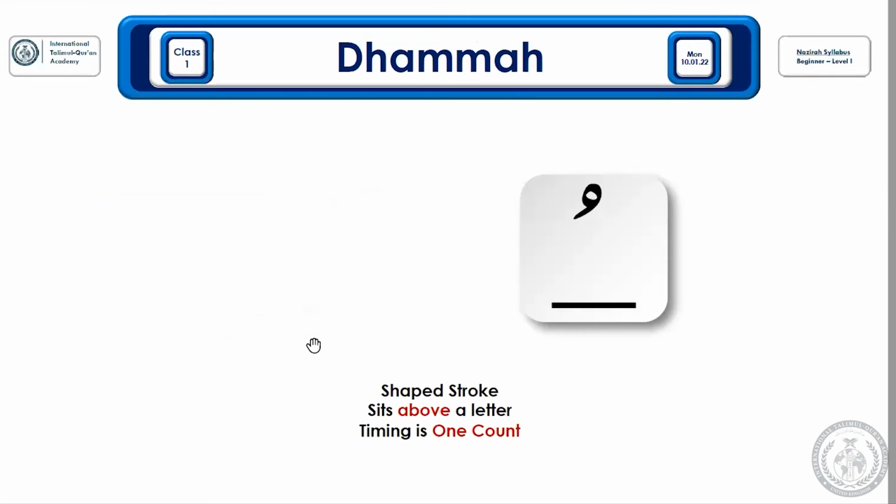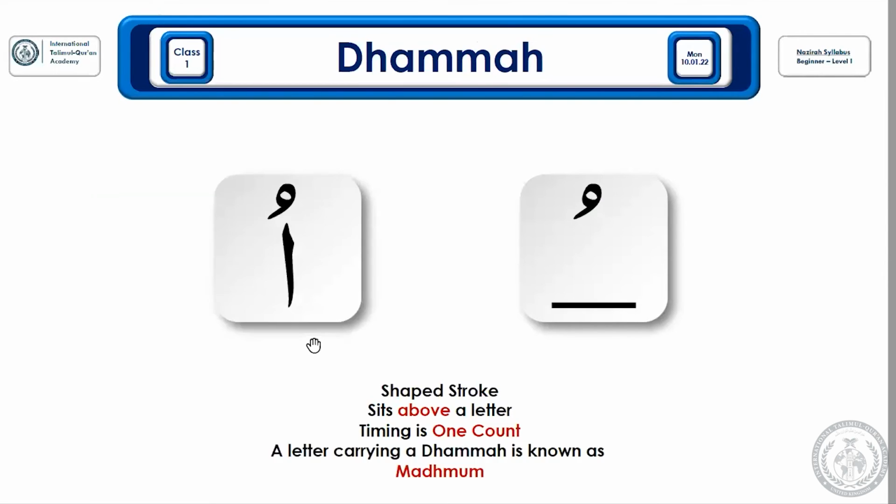This is the third one. It's called a Damma. It's a curly stroke that looks a bit like a 9 and it sits on top of a letter. Again, very important, the timing here is only 1 count. I've got an alif again, and then that curly stroke, which looks like a 9, sits on top of the alif. It's called a Damma. I must only recite it for up to 1 count.